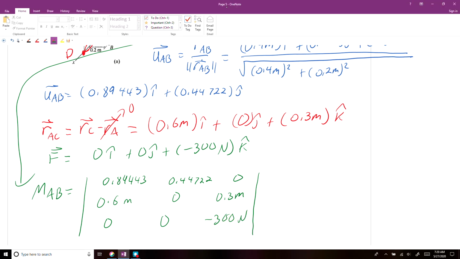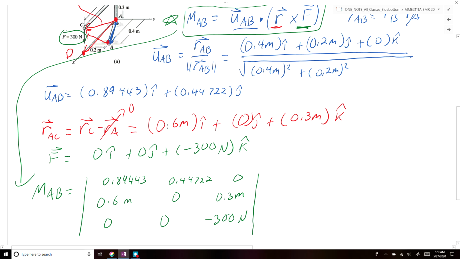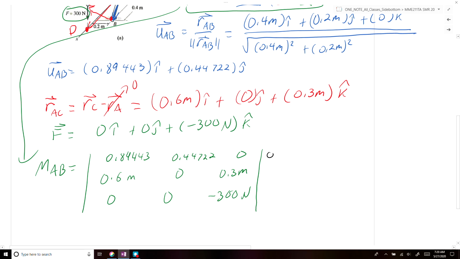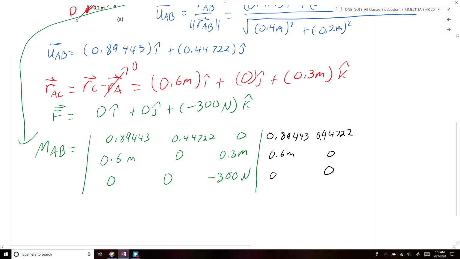So to evaluate this determinant, the first step is to copy the first two columns of this equation. Then we take the diagonals going one way.